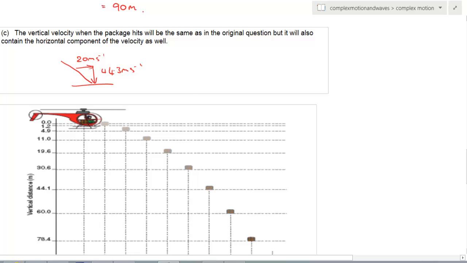So we could use Pythagoras in this case just to find out what the actual velocity was. V final squared is going to be equal to 20 squared plus 44.3 squared. V final is the square root of 20 squared plus 44.3 squared, which is 48.6 metres per second. Remembering, of course, that that is in the negative direction anyway.